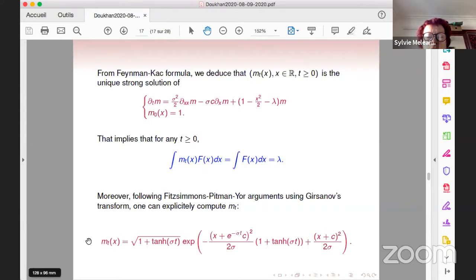Whatever the formula, it seems to be complicated, but it's easy to understand. And you find here the Gaussian law we have already observed, through the function capital F and the environmental effect here. So we have an explicit formula for m_t(x).